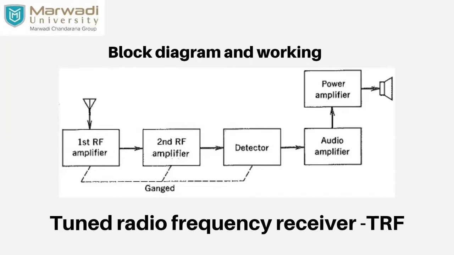Why? Because the antenna will receive some frequencies from the environment, and those frequencies will pass through the first stage, second stage, or third stage of the RF amplifier, and all the frequencies will tune together.